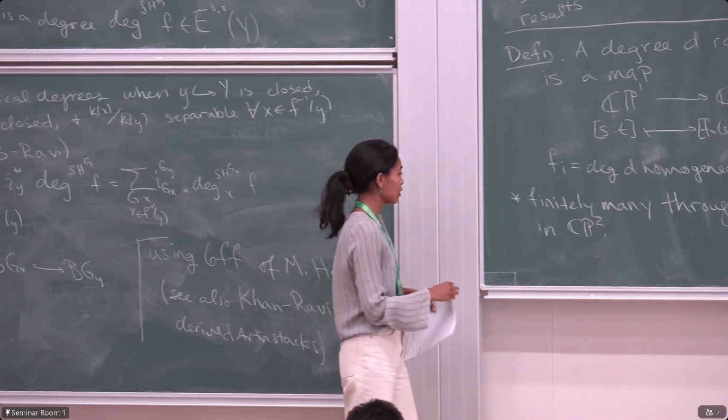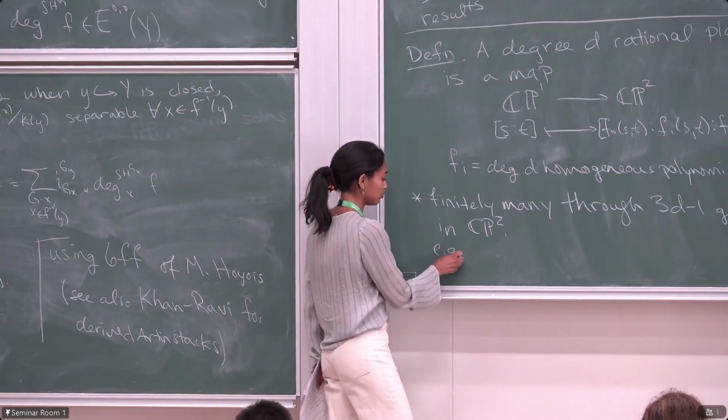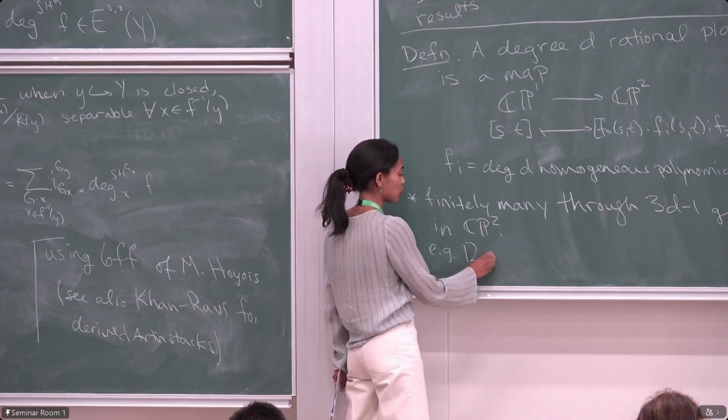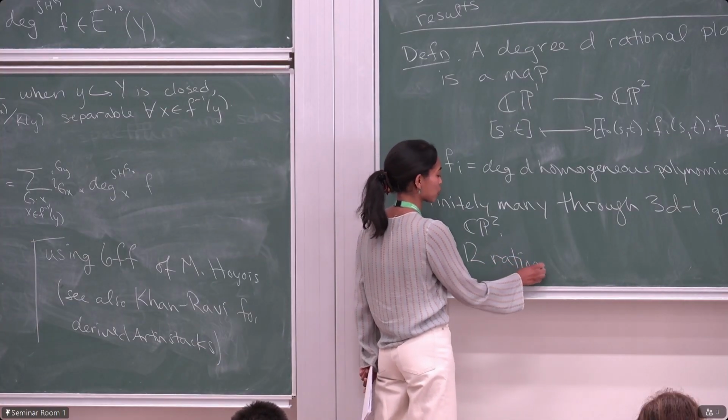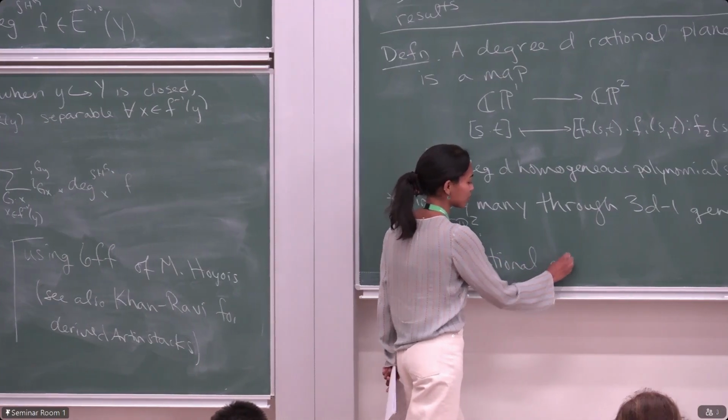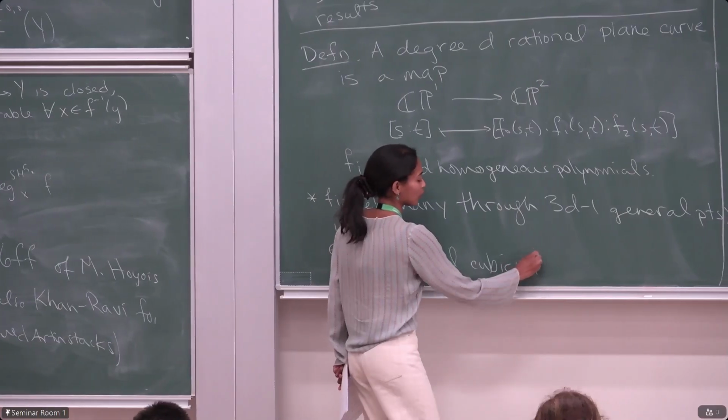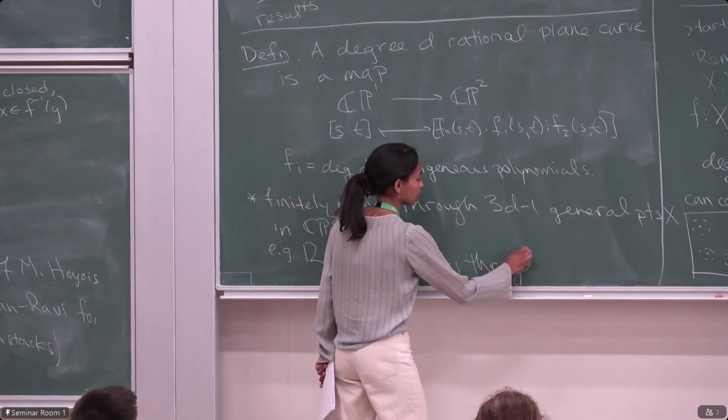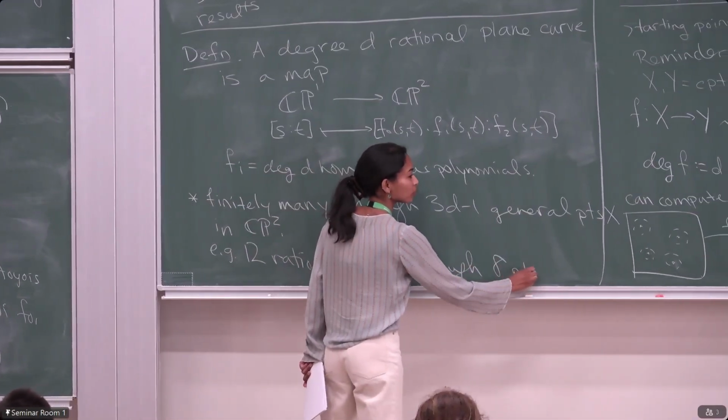In P2, for example, there are 12 rational cubics through 8 points.